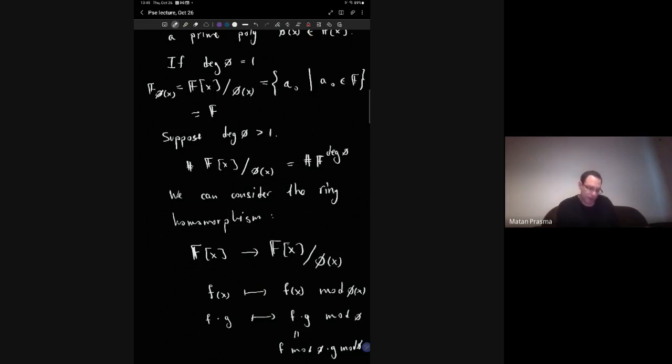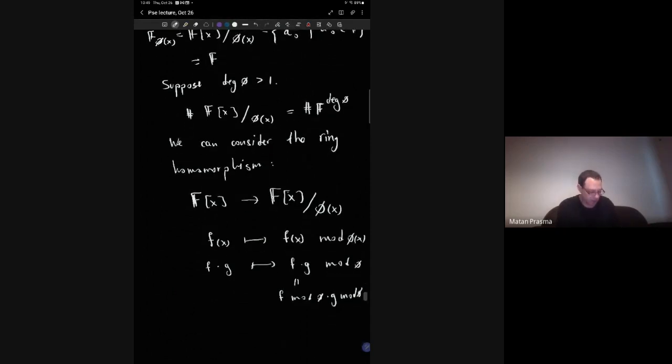Right? And the same for addition. F plus g modulo phi is equal to f modulo phi plus g modulo phi. So this is a ring homomorphism. I call it pi. This is sometimes called the quotient map.